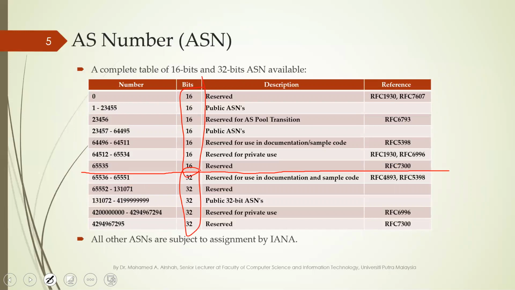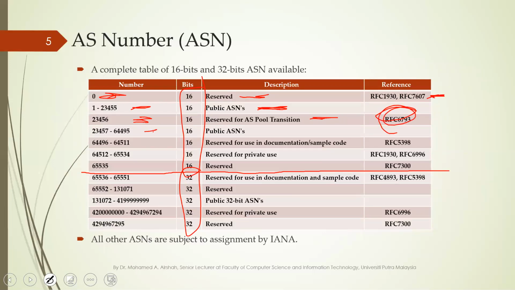So here we have 0, which is reserved based on this reference, RFC 1930 and RFC 7607. Then from 1 to 23455, it's reserved for public use of ASNs. And this exact number, 23456, is reserved for AS pool transition based on this RFC.